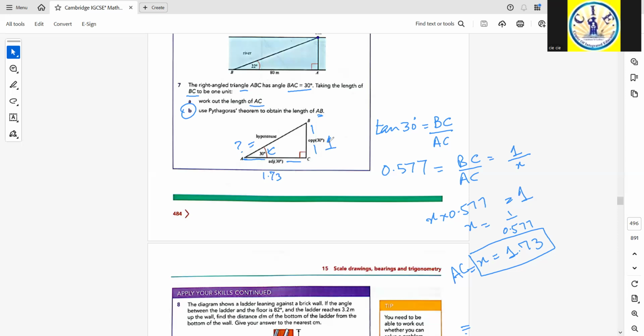So using the Pythagoras theorem, we can calculate it as square root of 1 square, which is 1, plus square of 1.73 actually. So that will give us the required answer.